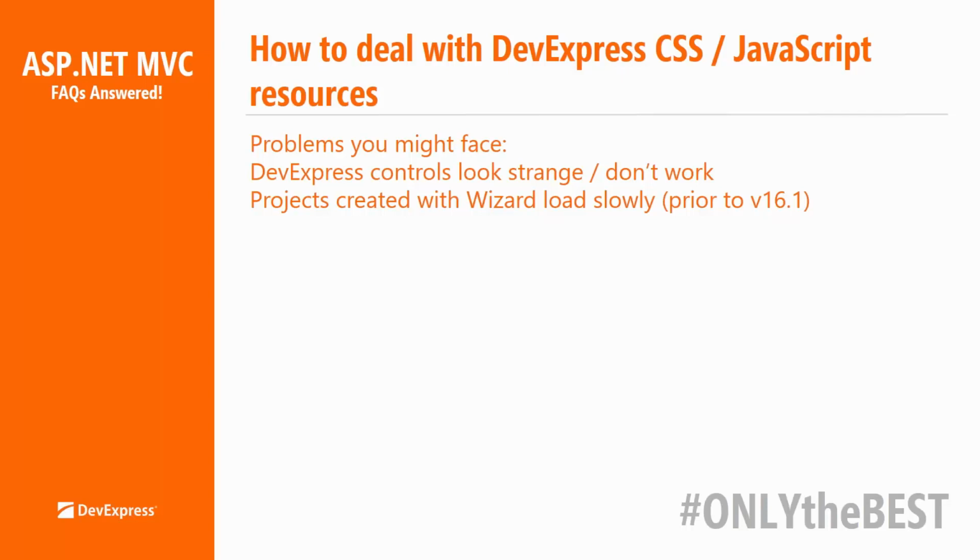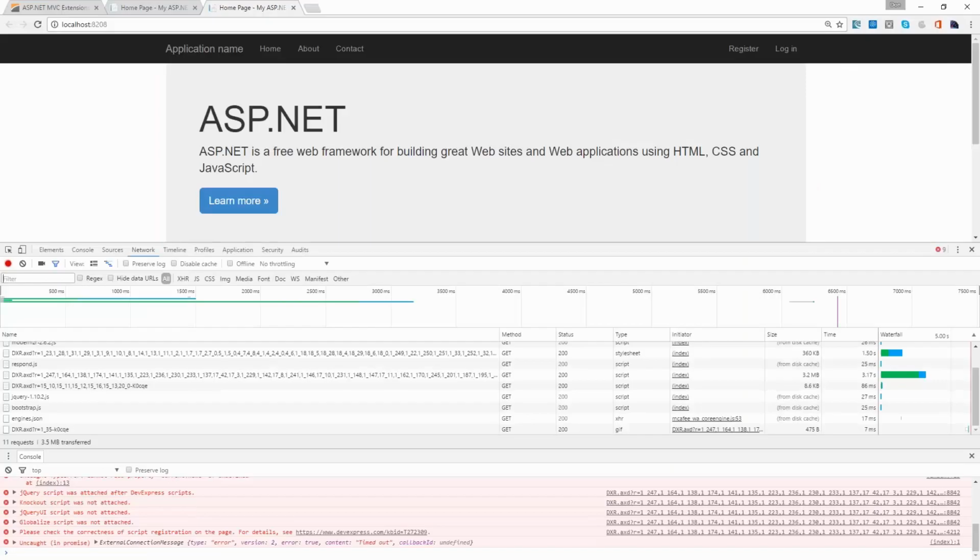Problems you might face, for instance: DevExpress controls look strange, don't work, projects created with a wizard load slowly, or you get JavaScript errors. If I switch over here, you will see that we have a couple of errors, and that's because I didn't do the jQuery up front, but that's not the most important thing I wanted to show you right now.